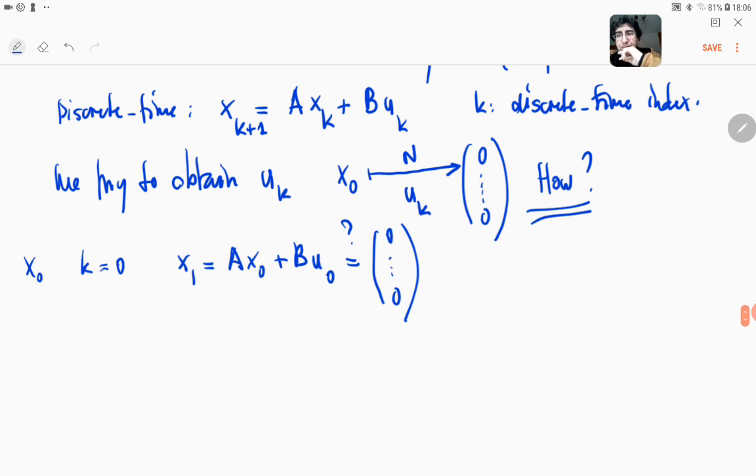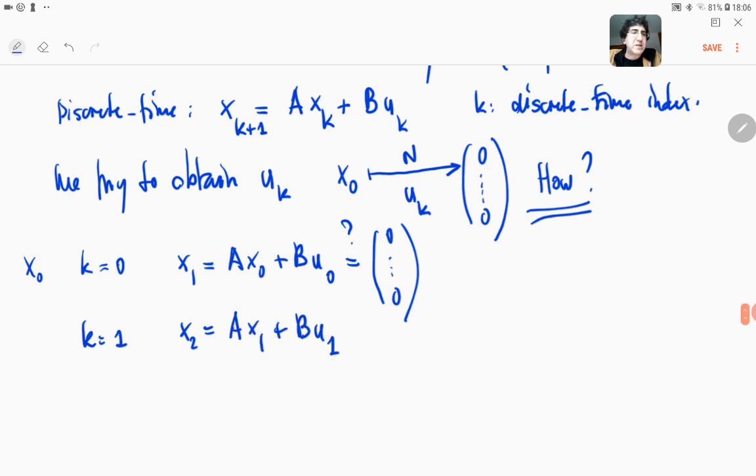Now that does not seem to be easy, because at this point, at least, we don't know how to pick u0 to be able to do that. Let's consider k is equal to 1. In this case, the state x at time 2 becomes A times x1 plus B times u1.